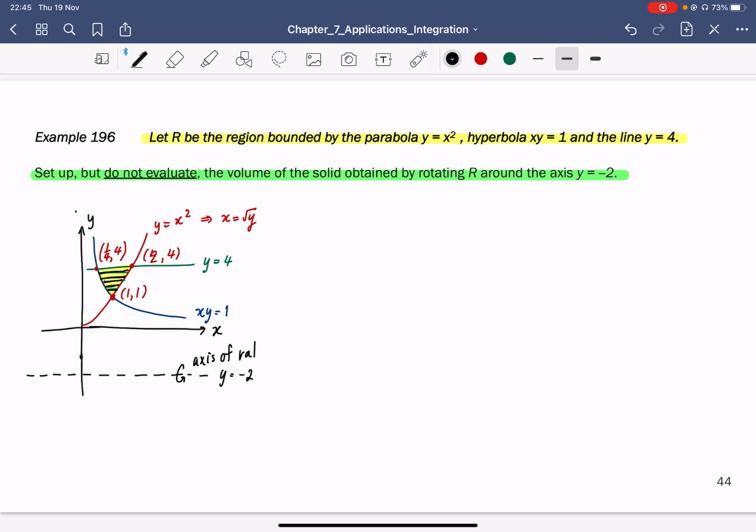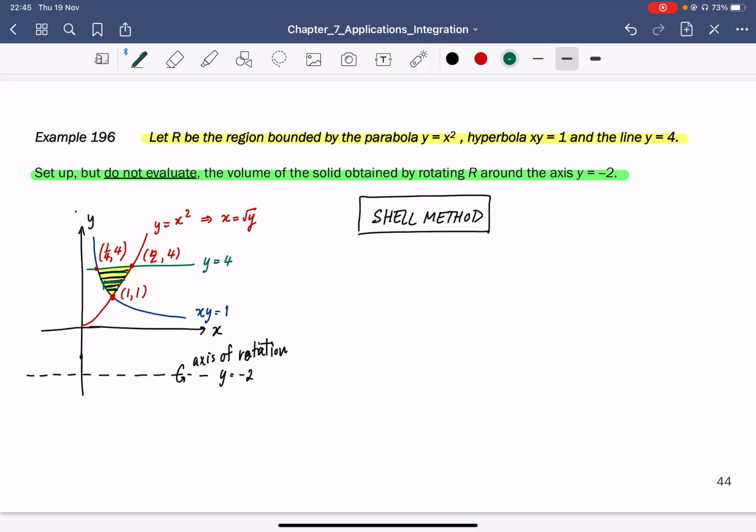For this question, it is best to use the shell method because you don't have to split the integral into two pieces. So I'm going to do the shell method here. To do the shell method, every time you cut, you're going to have a cylinder.